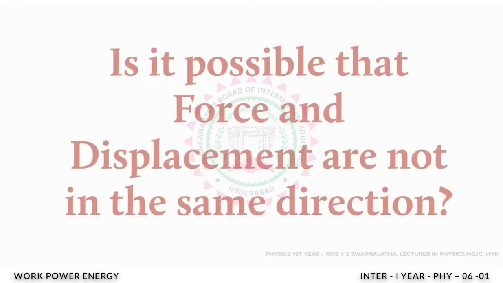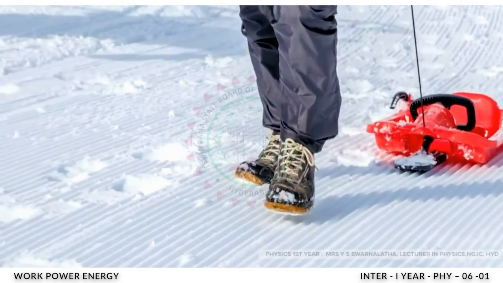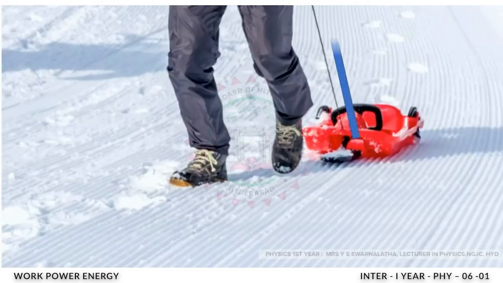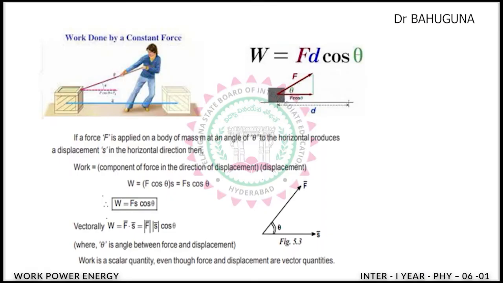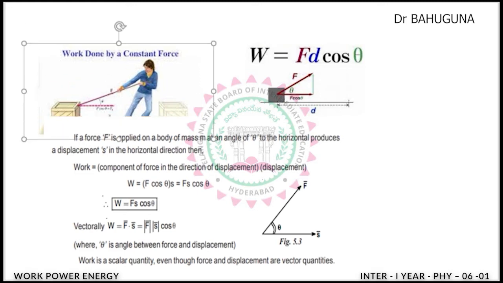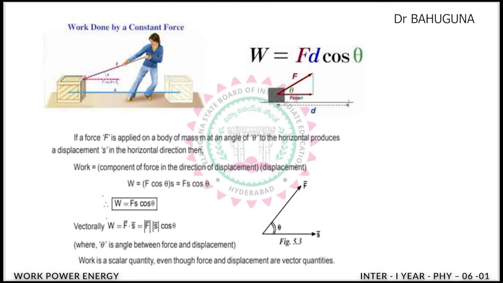Is it possible to have force and displacement not in the same direction? Yes, possible. Here you see, this person is pulling the toy car. He is applying a force at an angle theta to the horizontal. So when the force is applied at an angle to the displacement, how do we calculate the work done?